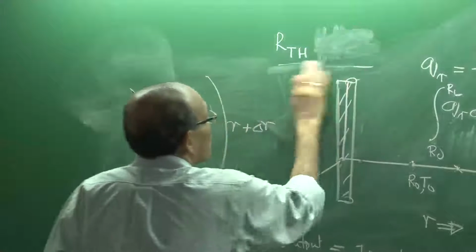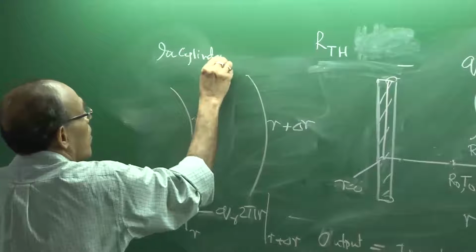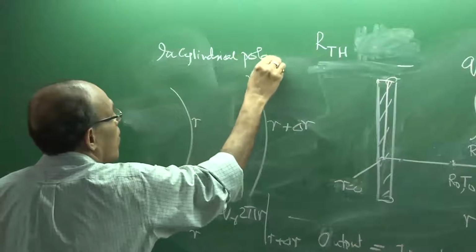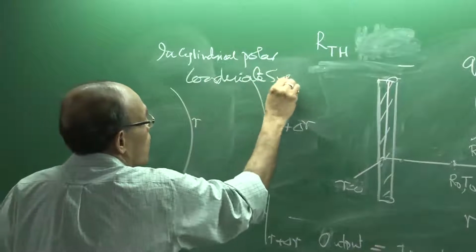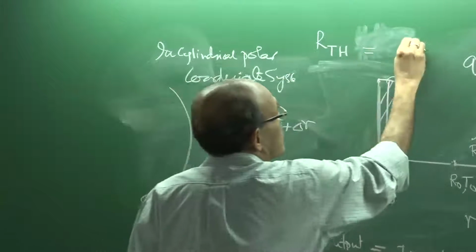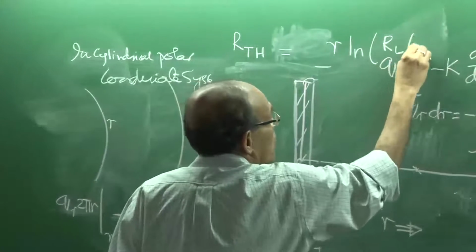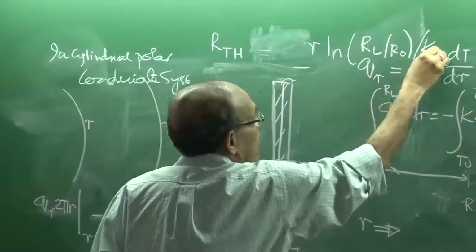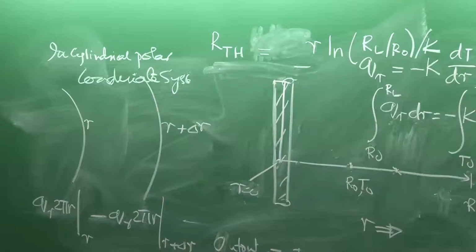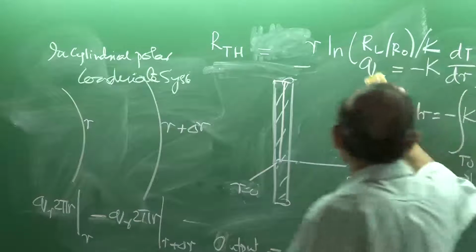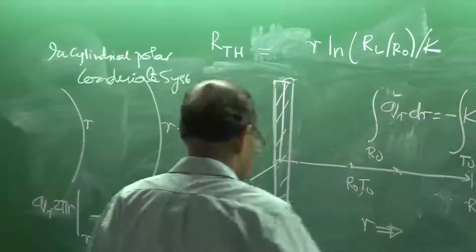So I say in the cylindrical polar coordinate system, the thermal contact resistance is essentially r ln RL by R0 divided by capital K. So you can erase this, and that is the definition.